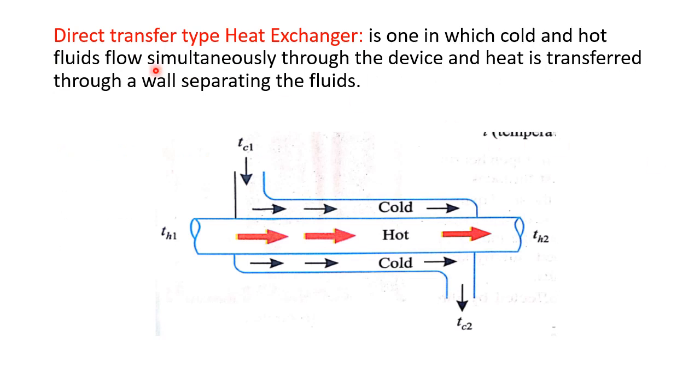First, we'll study the direct transfer type heat exchanger. This is one in which both the hot fluid and the cold fluid flow simultaneously through the device and the heat is transferred through a wall separating the two fluids.